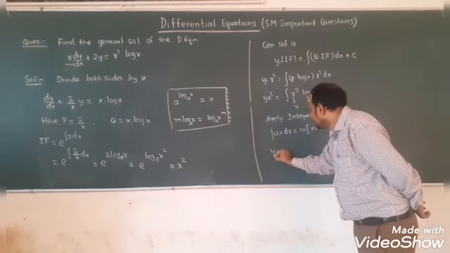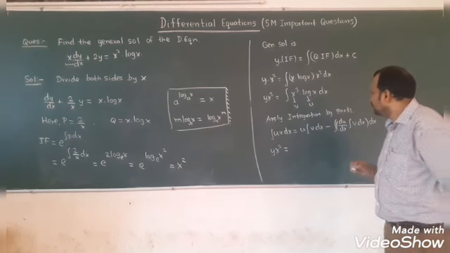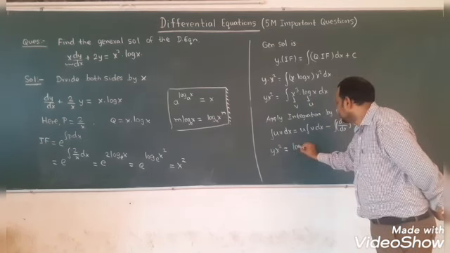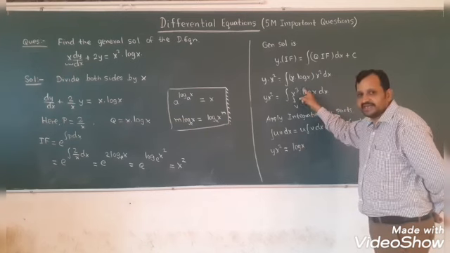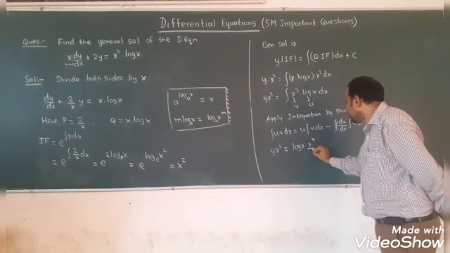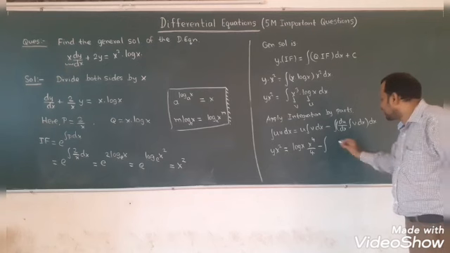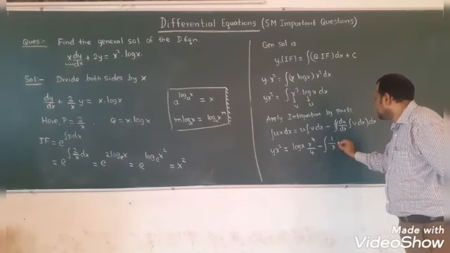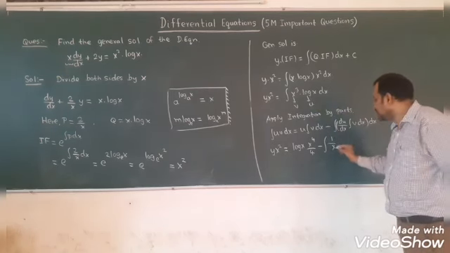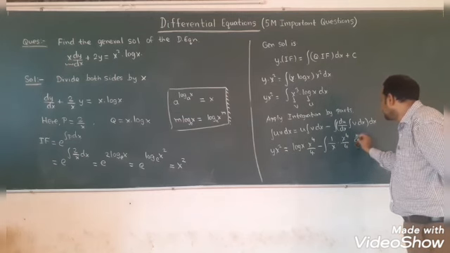Now applying the formula. Here y x square is equal to, now u is log x, integral of v, integral of x cube, is x to the power 4 by 4, minus differentiation of log x, which is 1 by x, into integral of x cube, x to the power 4 by 4, dx.